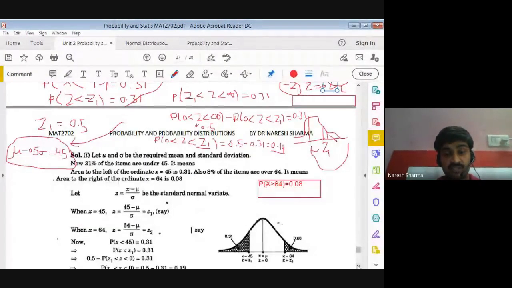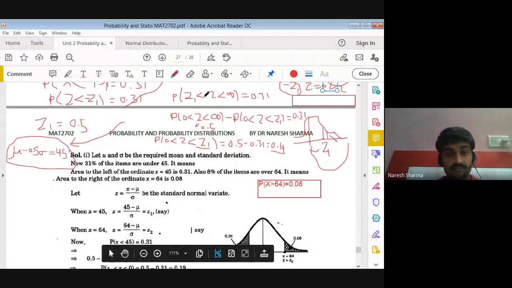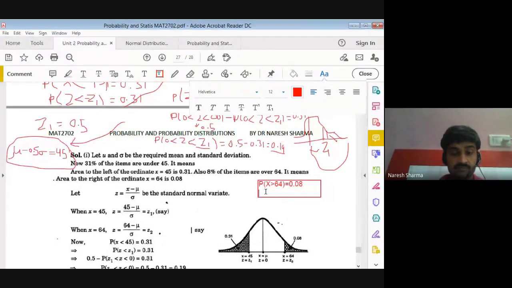So we may assume here, when x is 64, then z is z2, and the probability is 0.08, and that is z2 to infinity.